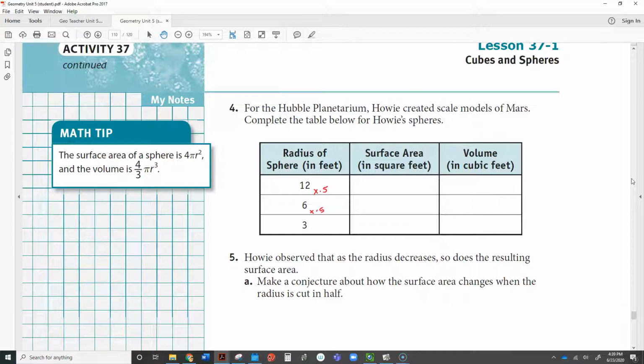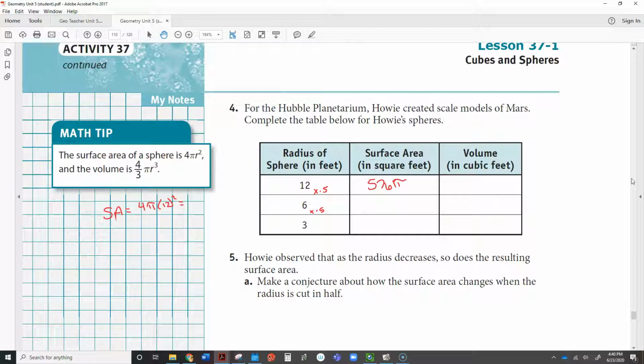The surface area, and they tell us right here that the surface area is 4 times pi times the radius squared. So the radius is 12. So we're going to say 4 times pi times 12 squared to get this number right here. And 12 squared times 4, that's 576 pi.